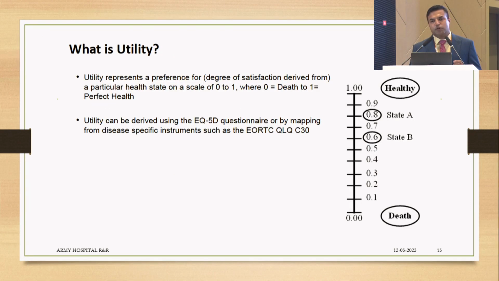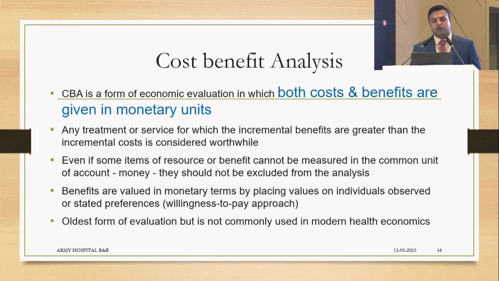And this particular word, utility, we will all have to remember in the next 4 to 5 years to come. It talks about perfect health at ratio 1 and death as 0, and different levels of utility for various diseases.